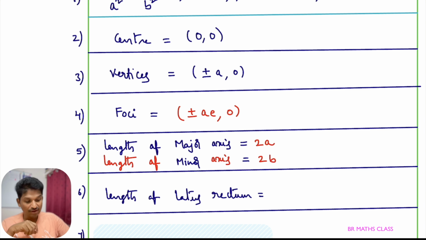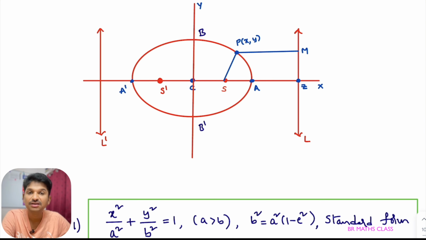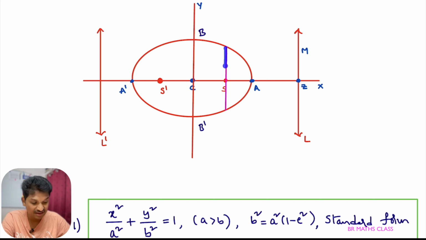Now, length of latus rectum. First, try to understand what a latus rectum is. You observe here, this is the line segment whose endpoints are on the ellipse, passing through the focus and perpendicular to the major axis. This is the latus rectum. While finding one endpoint of the latus rectum, this length is AE. As this length is AE, this length is also AE.